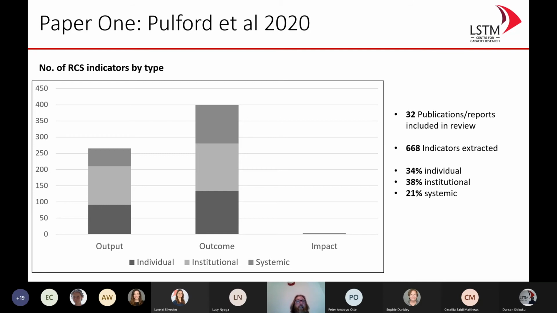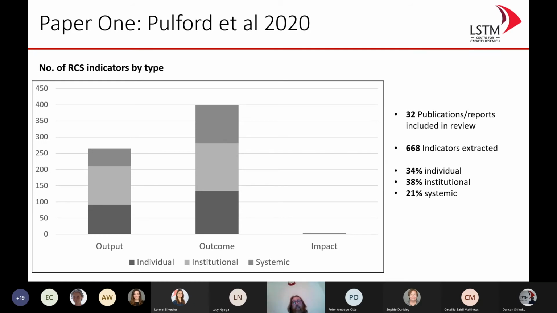The different shading of the bars reflects the levels at which the retrieved indicators were reported. The darker bar is the number of indicators that spoke to individual research capacity strengthening, the mid-shade bar the number that spoke to institutional level capacity strengthening, and the lighter bar the number that spoke to systemic, national, environmental level research capacity strengthening.